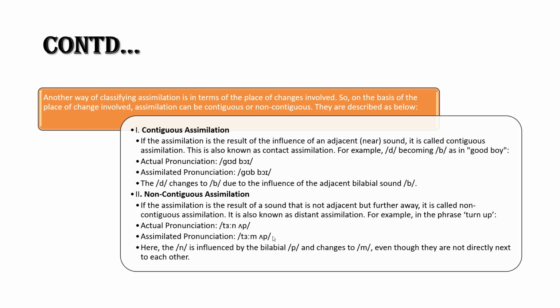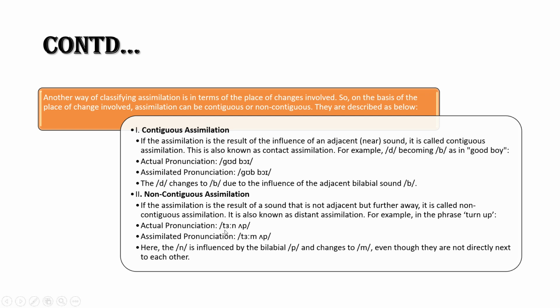If one sound is changed into another because of the influence of the very near sound, that is contact assimilation or contiguous assimilation. But if one particular sound is changed into another sound because of the influence of a sound not adjacent but further away, a distant sound, this type of assimilation is called non-contiguous assimilation.